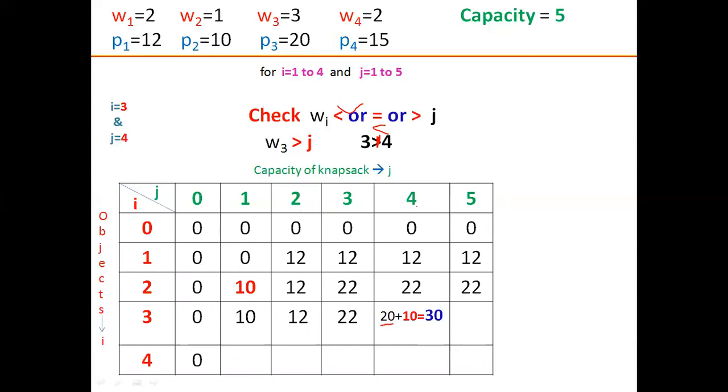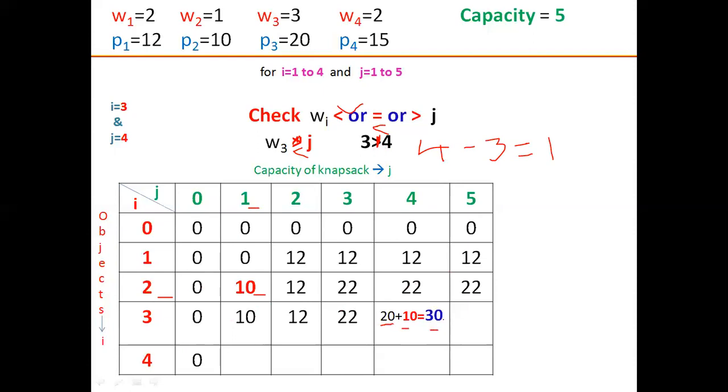But here, the capacity is greater, so some capacity is left. Capacity is 4, weight is 3. 4 minus 3 is 1. So I have to go to the previous row, column number 1. How much is it? 10. So add that 10 here. So 20 plus 10 is 30.